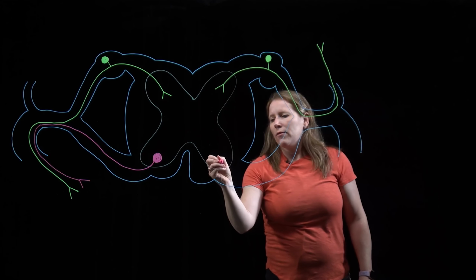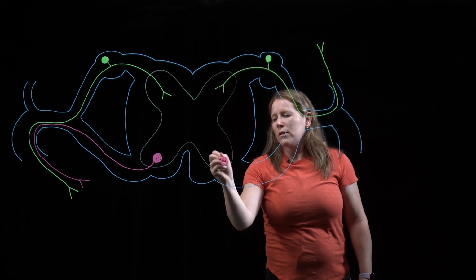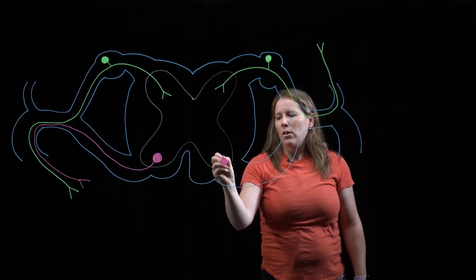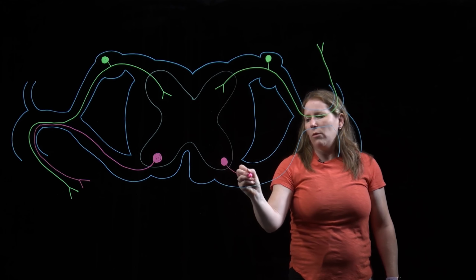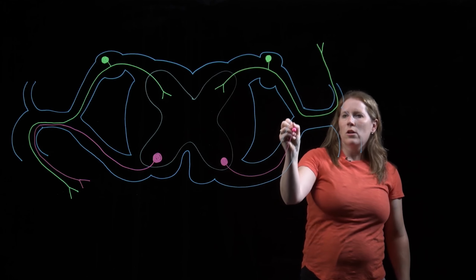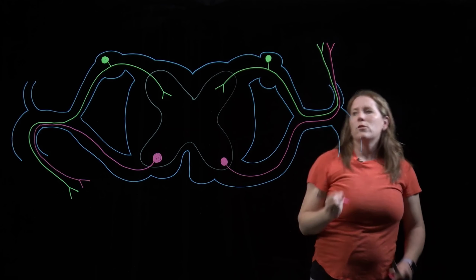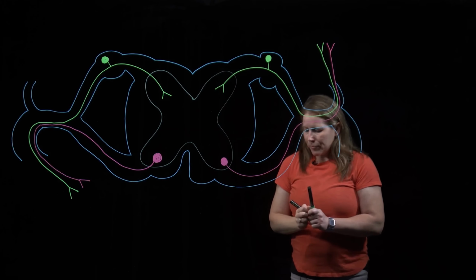And then if you have motor neurons that are heading to deep back muscles, for example, again, motor information always going out the ventral root, along the spinal nerve, but can also take this pathway out the dorsal primary ramus.